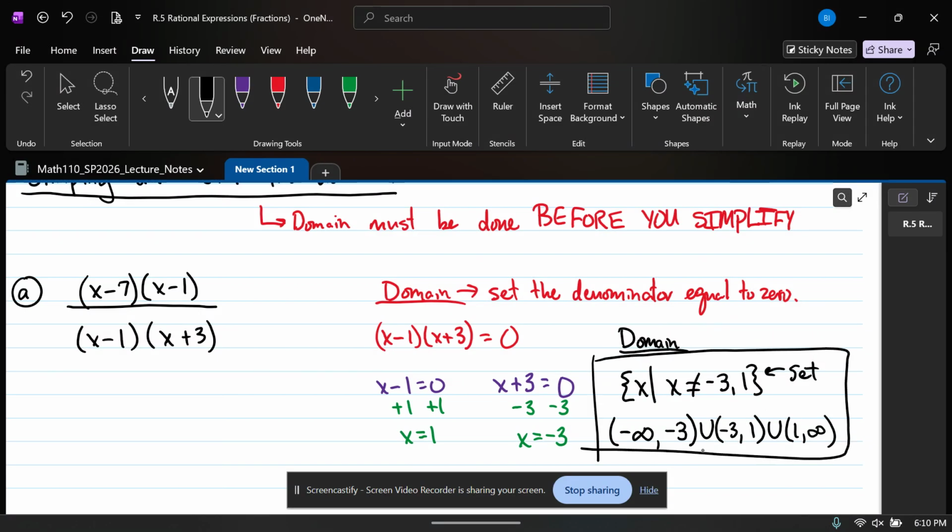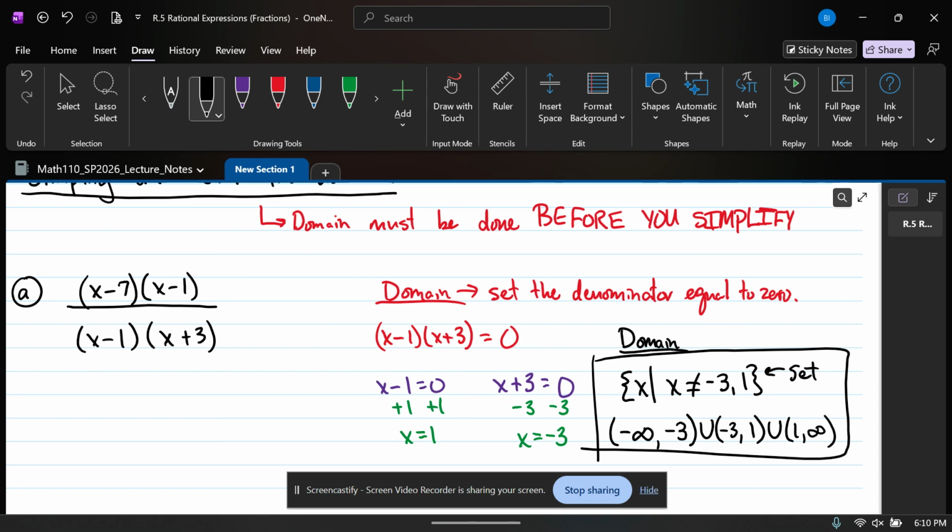That is the interval notation for that. Need to be able to write it both ways, because how they're going to ask for it on the final, they do it two different ways. I mean, they really bounce back and forth between them. So be able to write the domain in either set notation or interval notation. So you're taking the denominator and set it equal to 0, and then just solving the equation. Okay?